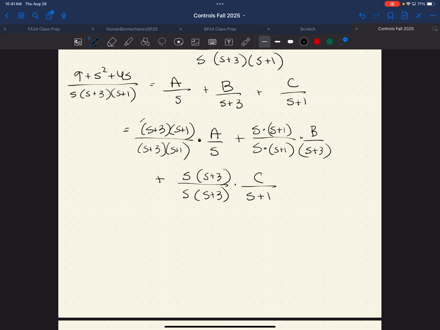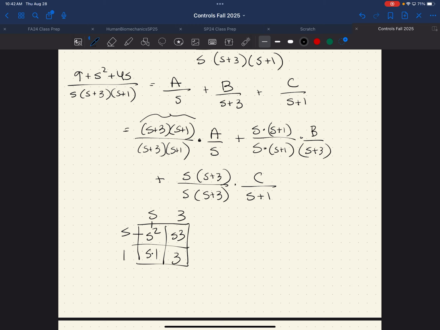So this first one, you can either use FOIL. I don't like FOIL. I don't know why. I multiply polynomials using boxes. This is the multiplication of these 2 things: s and 3, s and 1, and 3 and 1.